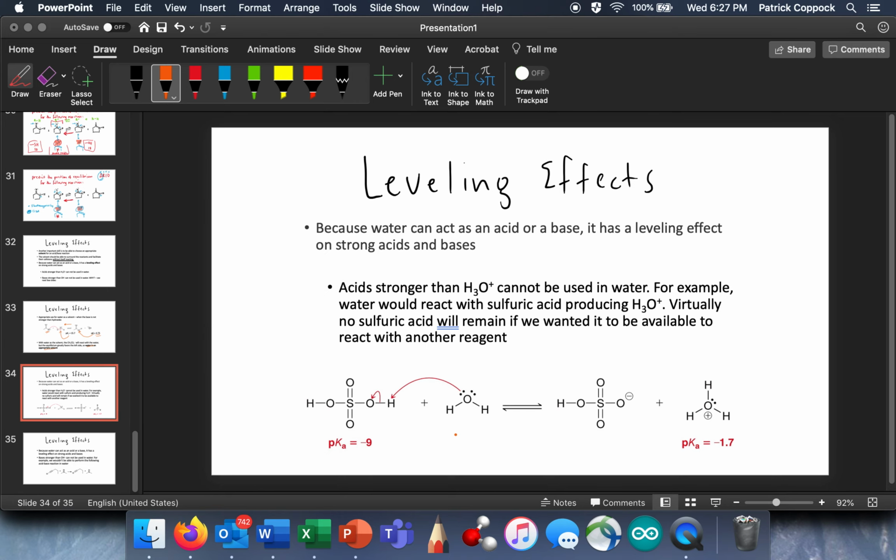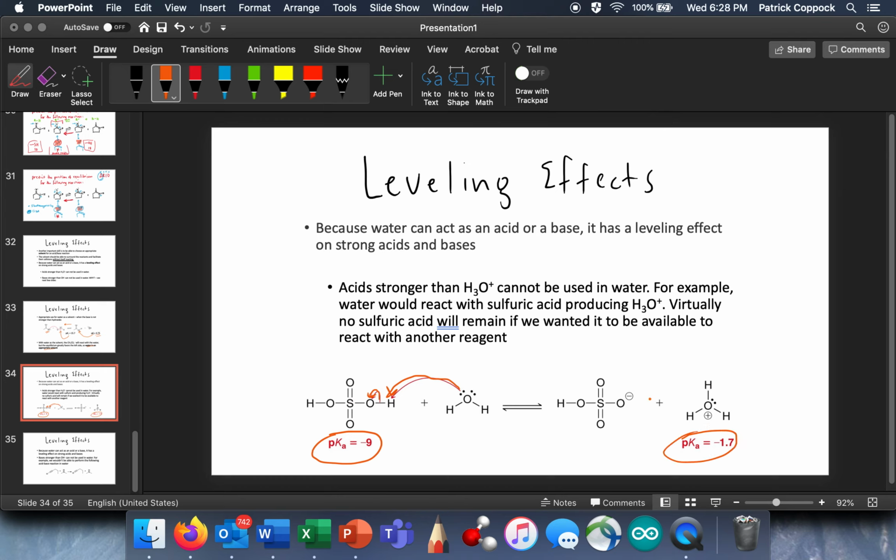However, if you have a reaction where you want sulfuric acid to be the reactant, okay? You have a pKa of -9. Well, it turns out that water is going to abstract a proton from that sulfuric acid, and it's going to make hydrogen sulfate, right? And so you're going to have this equilibrium going on.